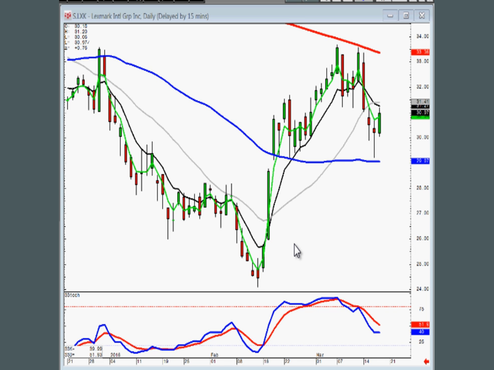Probably about 20% of the time we'll be buying options outright, and probably 80% of the time we'll either be putting on a credit spread or a debit spread. And we are in the process right now of putting together a 4-week training course starting from the very basics, going all the way through on which strategies to use with which patterns. So the number one criteria for putting on an option trade is knowing that the underlying entity is moving in the direction that you expect it to be moving.